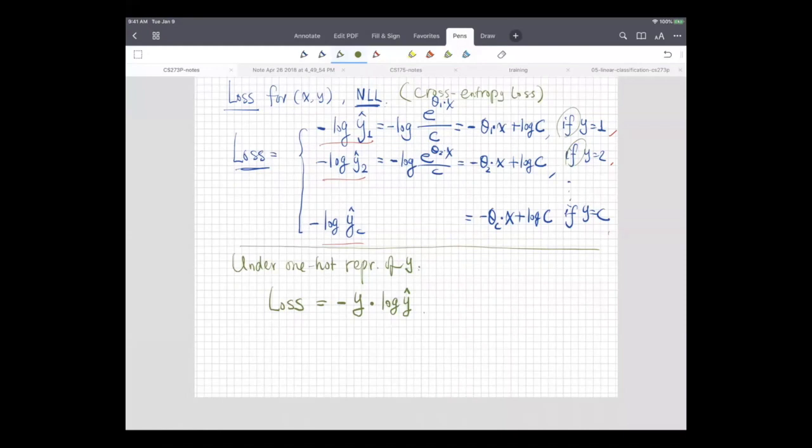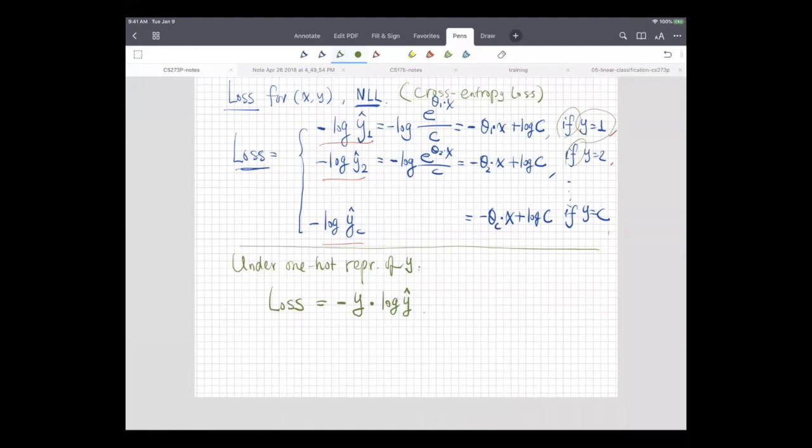Let's think about why this is the case. If your class label is 1, then in the one-hot representation y is a vector whose first component is 1 and the rest of the components are 0. Now if I take the inner product between these two vectors, only the first entry survives. All the rest of the entries are zeros.